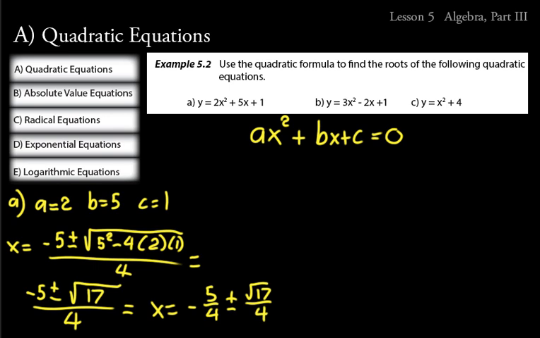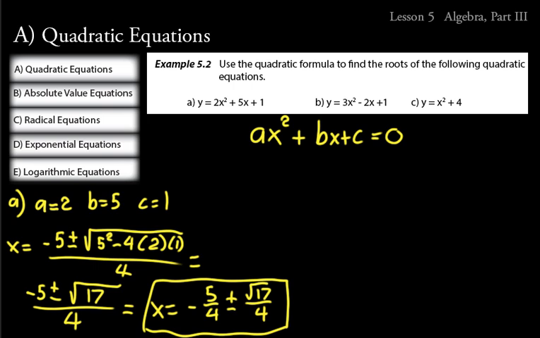Because sometimes that plus or minus part is an imaginary number, so we can have it in its real and imaginary components. X equals negative 5/4 plus or minus the square root of 17 over 4. So just like in example 5.1, you get two solutions for a second degree polynomial. That's what you'd expect based on the fundamental theorem of algebra.